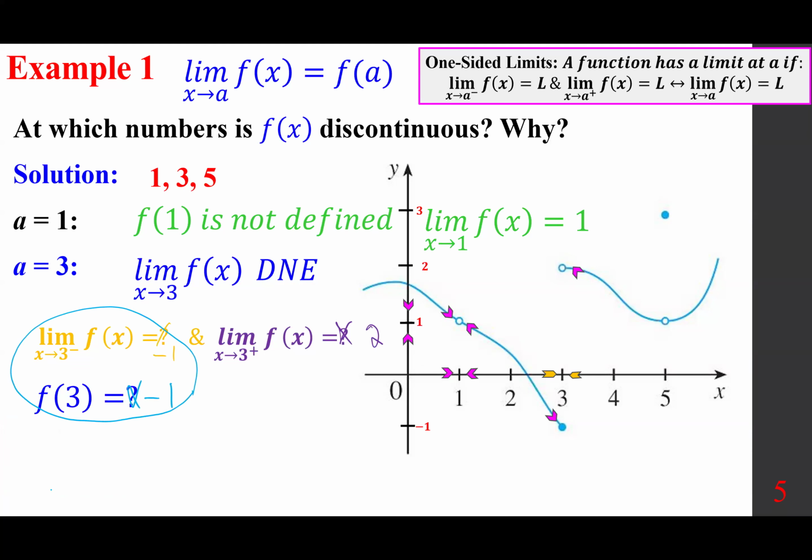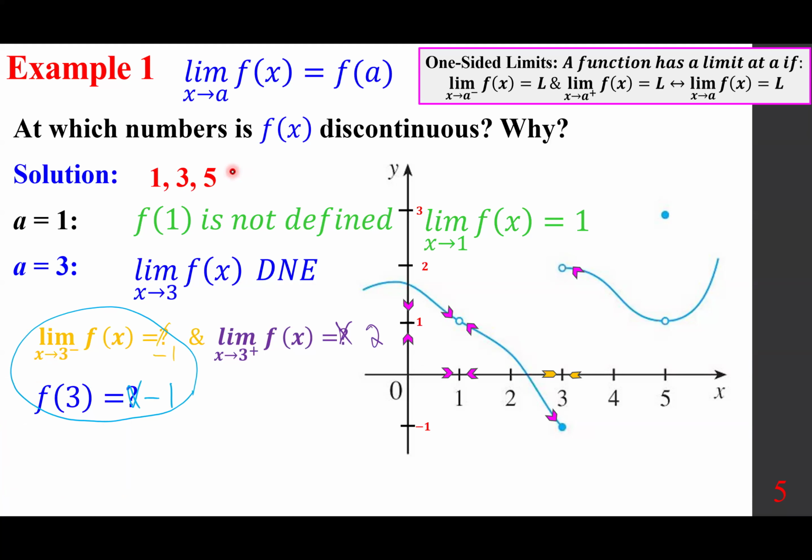And by the way, we notice these two are the same. The function is not continuous, but we say it's continuous at 3 from the left. Again, it's not continuous at a equals 3. But the terminology is that it is continuous at 3 from the left because we have a solid point.